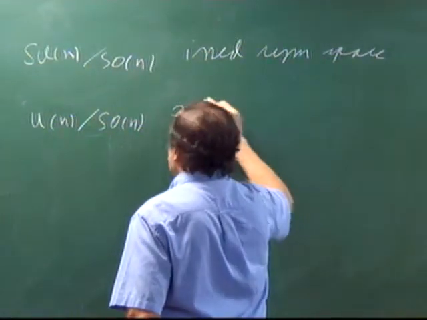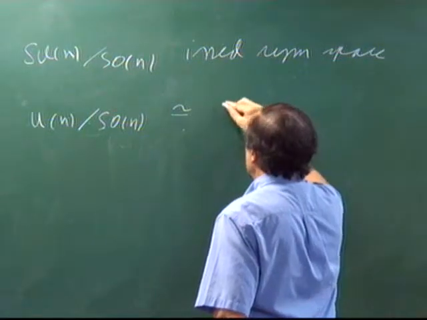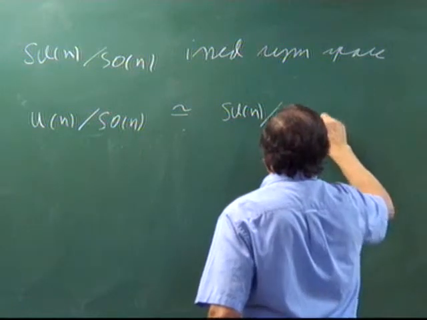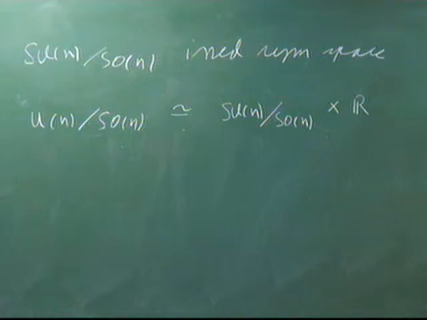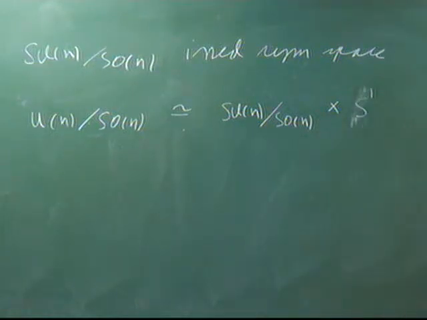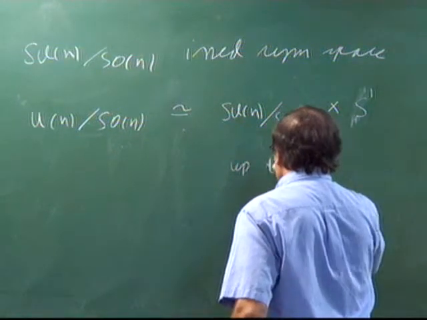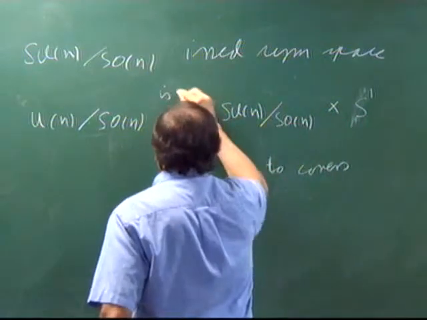So this is isometric to SU(N) mod SO(N) cross a real line, which is compact, cross a circle. This is true up to covers. And then I can say isometric here.